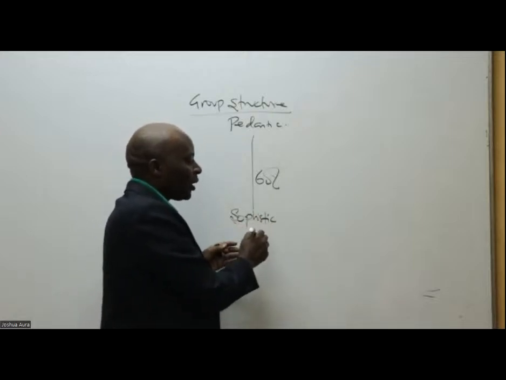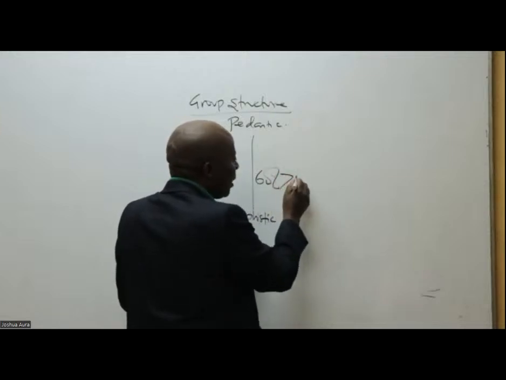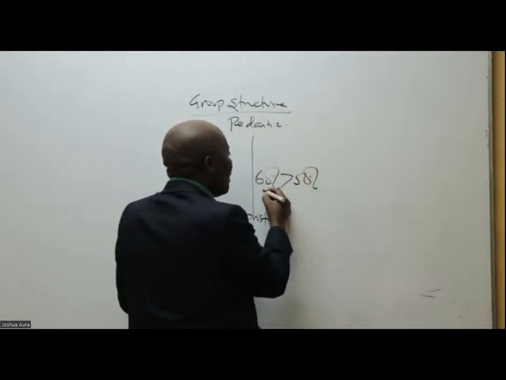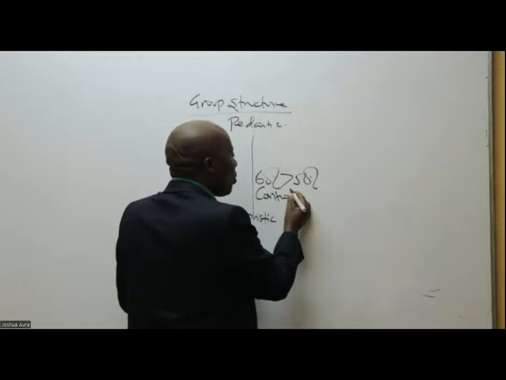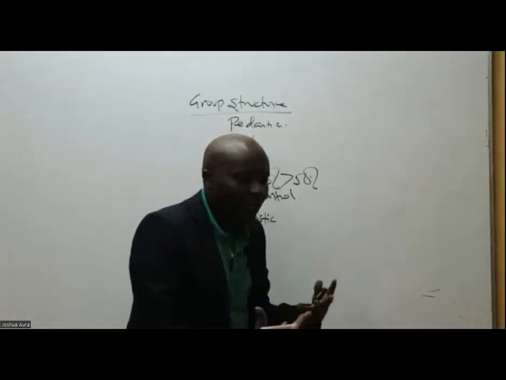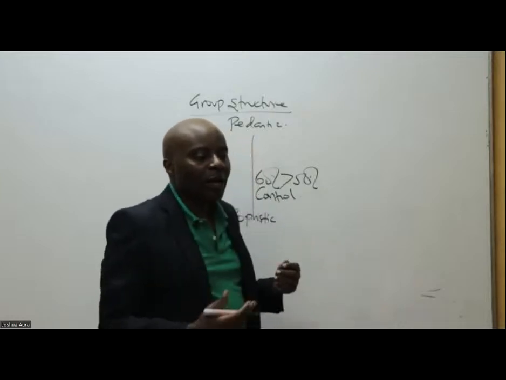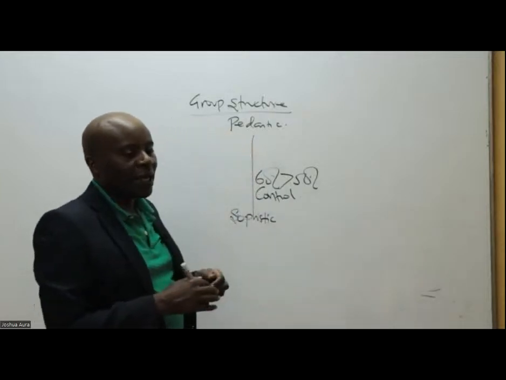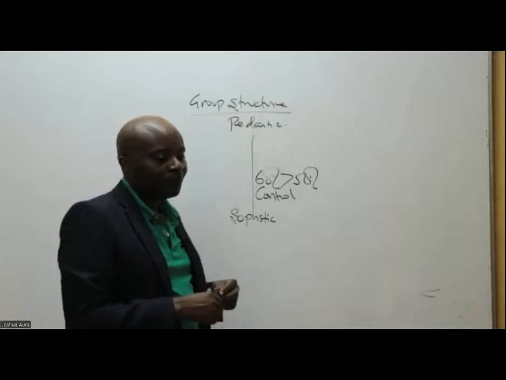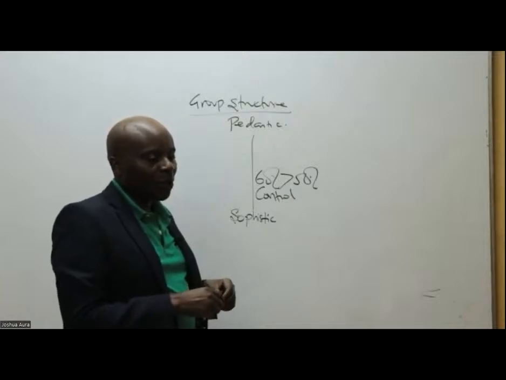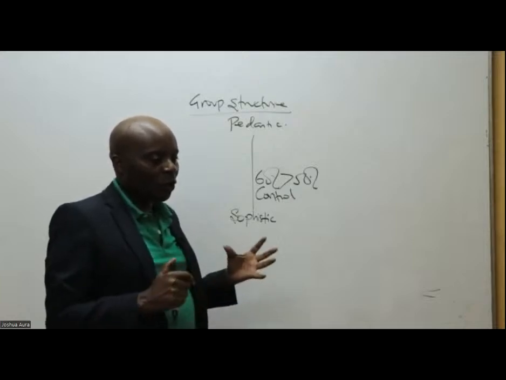This is your child. So it means that this being more than 50%, there is what we call control. And the companies that we control are technically known as who in the group?